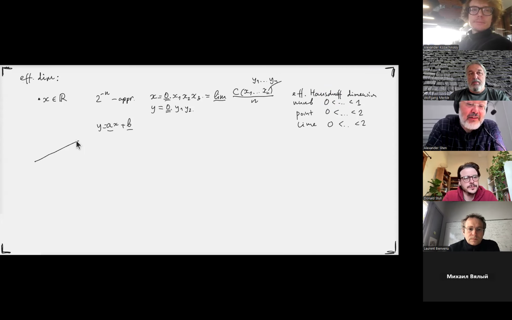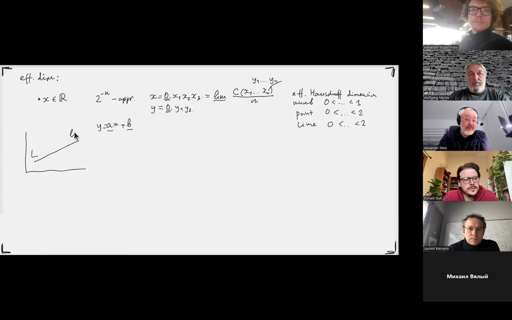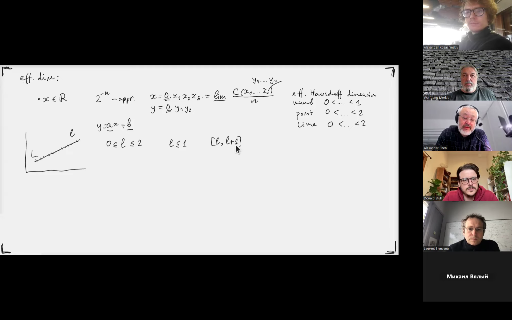And this is the result. Imagine on a plane we have a line of dimension L, so L is between 0 and 2. Then we consider different points on the line. What are the possible effective dimensions of these points? The answer is that if L is smaller than 1, then we get all values between L and L plus 1.